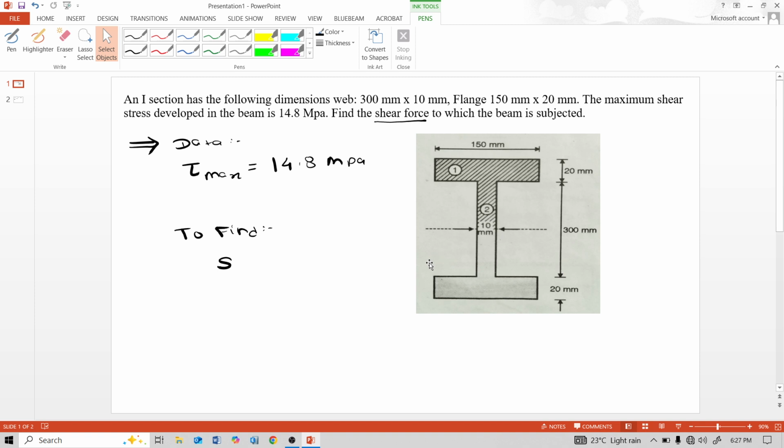The section is symmetrical about the x-x axis and y-y axis, so moment of inertia calculation is also easy for us. In this numerical, we don't use the parallel axis theorem.